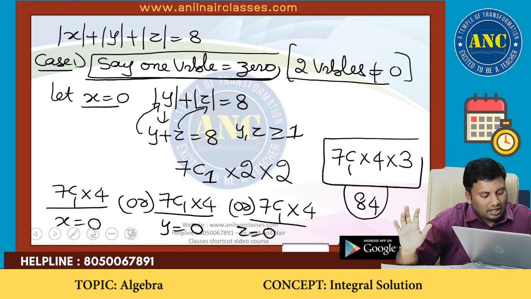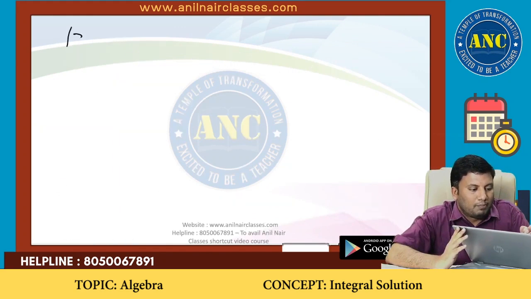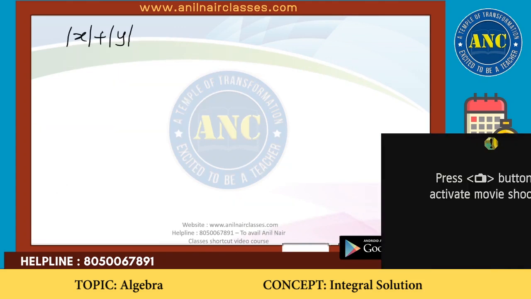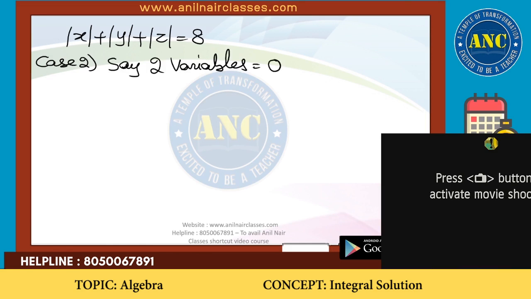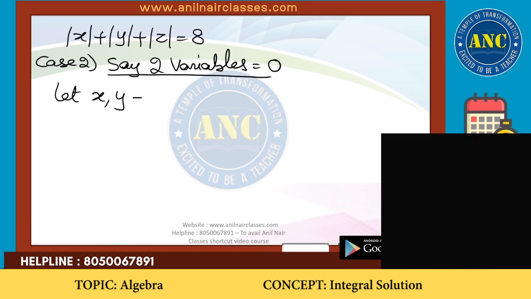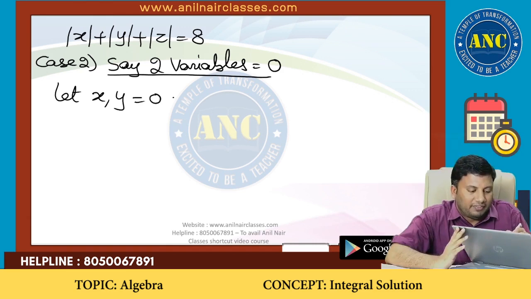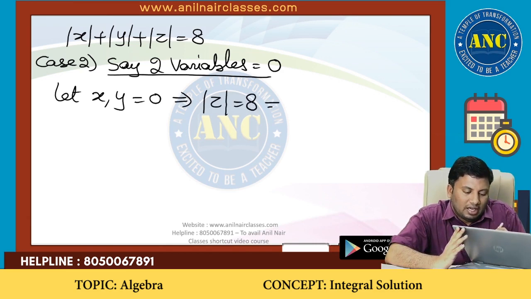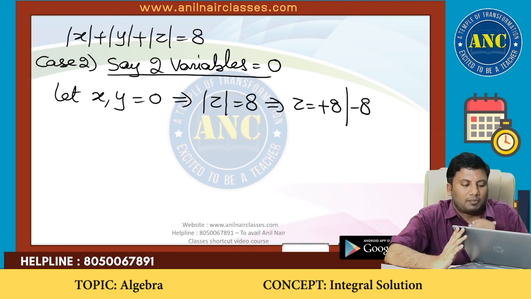Case number 2. Case 1, I got 84. |x| + |y| + |z| = 8. Say two variables are equivalent to 0. Let x, y equal 0. Then |z| = 8, so z can be plus 8 or minus 8.